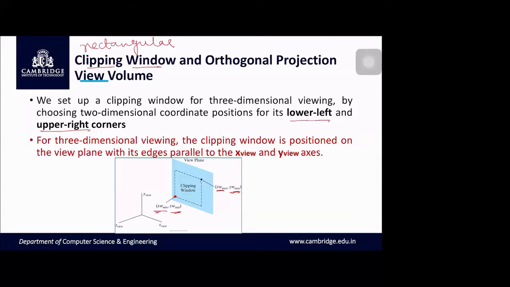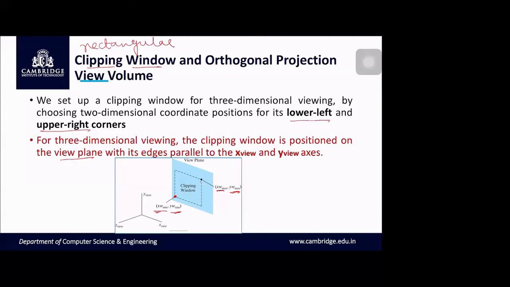In three-dimensional viewing, the clipping window is positioned on the view plane, because we don't have the view plane concept in two-dimensional. However you rotate, whatever you do, I have already drawn only with respect to two dimensions, so I will get only two dimensions. There is not much complexity in two dimensions. So the clipping I do at a very early stage, and then I project the same thing.